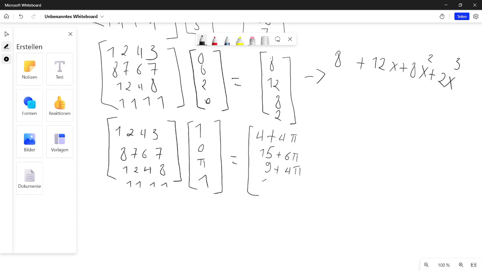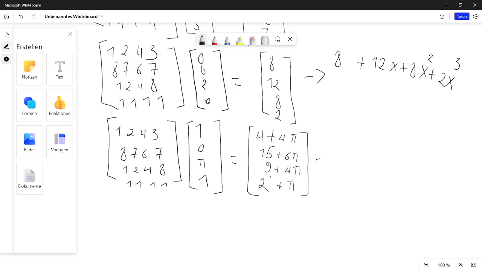And 1, 2 plus pi. Okay, that's not a nice 2. That's a 2.